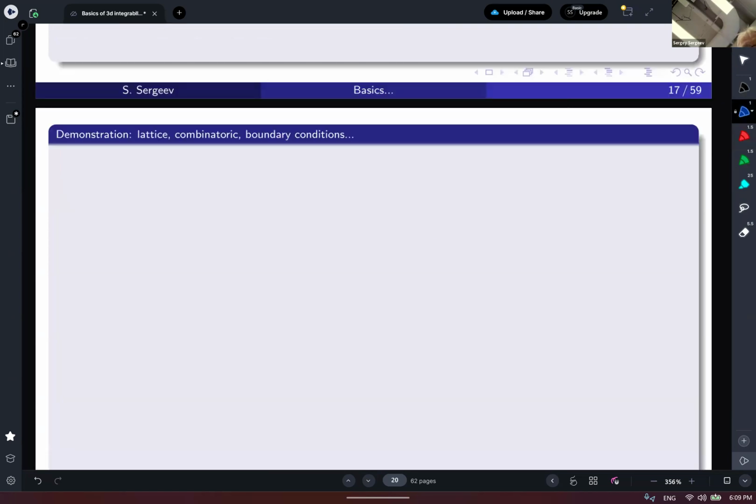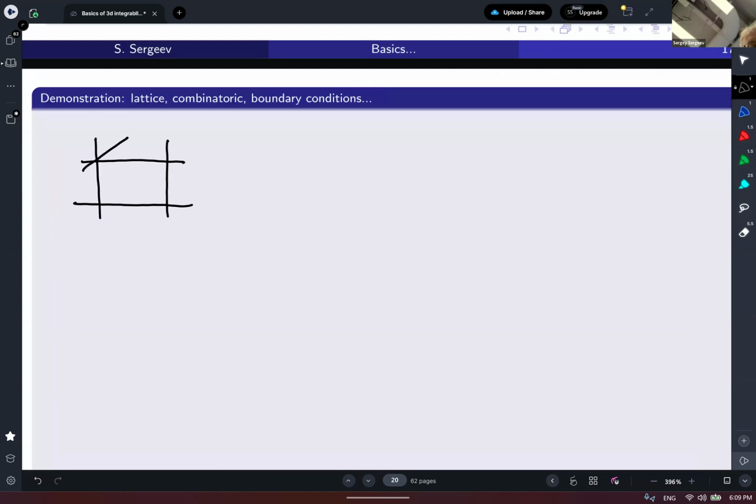Well, now examples. Again, the cubic lattice as before. You can see that we can define two sections. For instance, one possible section is a section by a plane which is parallel to most planes in this lattice.